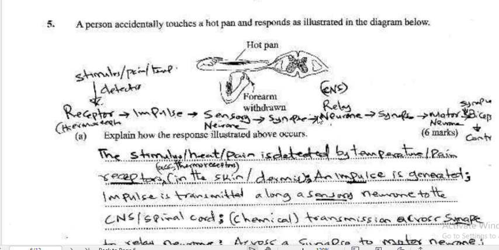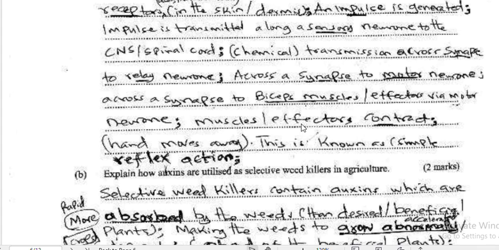In the relay neuron there is interpretation in the central nervous system, then via synapse, the nerve impulse is transmitted to the motor neuron. Motor neuron via synapse to the bicep muscles which contract, and the hand is withdrawn. That is how you answer such a question.